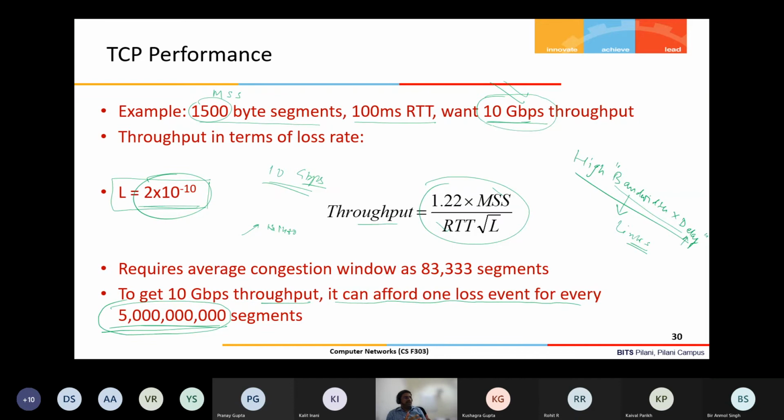Otherwise, your connection is going to die in the slow start phase itself, and till then your congestion window is not big enough to get a better rate. You get better sending rate or throughput when your congestion window is a little bigger, and that is achieved in the congestion avoidance phase.